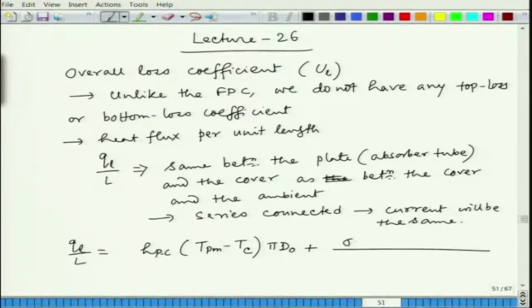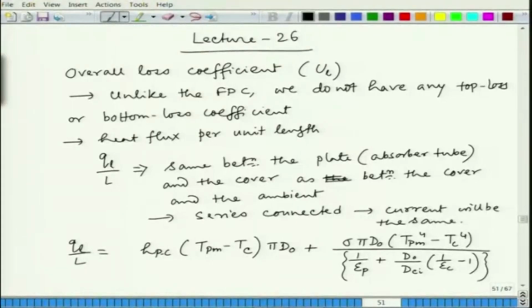So, there we will have this sigma, which is Stefan Boltzmann's constant, pi d naught multiplied by 4th power of mean plate temperature or mean tube temperature minus 4th power of the absolute temperature of the cover, and that will be divided by 1 over epsilon p, which is the emissivity of the plate, plus d naught by d c i, this is the cover inner diameter d c i, multiplied by 1 over epsilon c, which is the emissivity of the cover, minus 1. Okay. You can use another set of brackets.